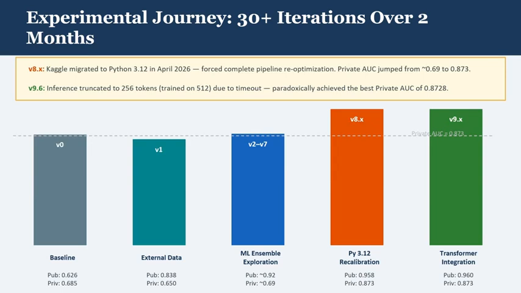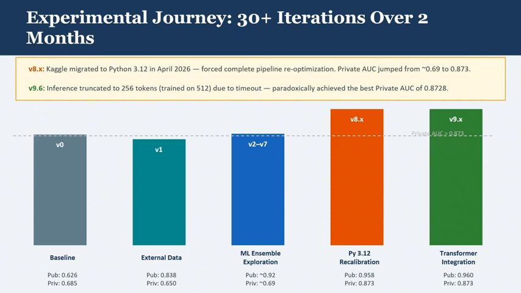We had to completely retune everything for the new runtime. The result was worth it. V8.1 achieved a private AUC of 0.873, a jump of more than 0.18 points over the best pre-V8 model.